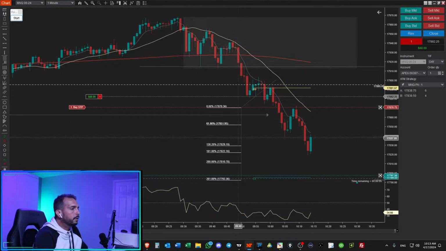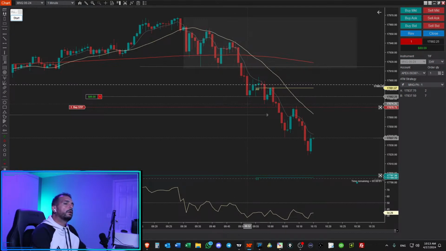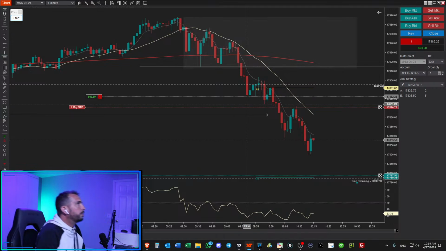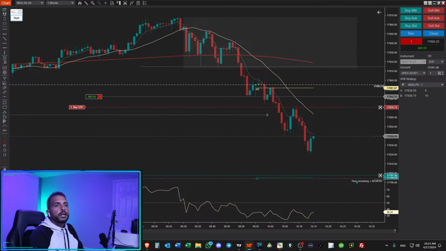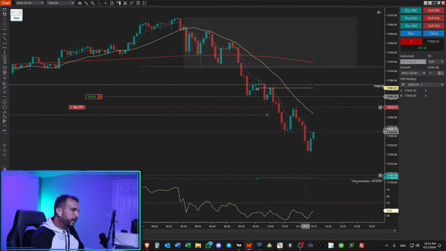I'm gonna edit this later. Meanwhile, I don't use an amnesia trader. I'm doing all the charting on TradingView. All right, that candle closes above the 7, and that's where we put in the stop.